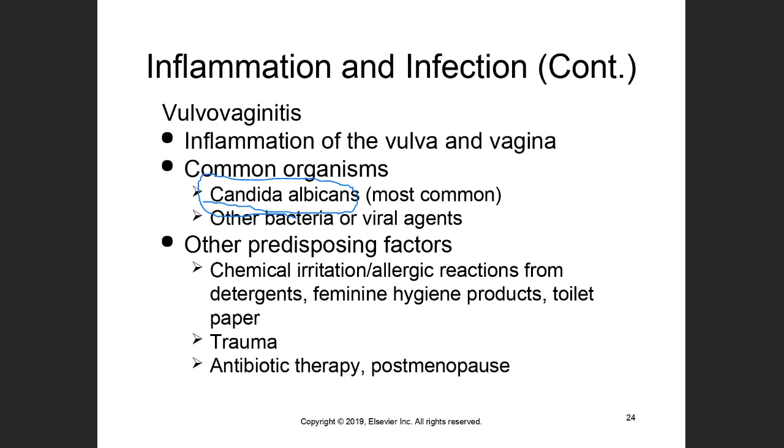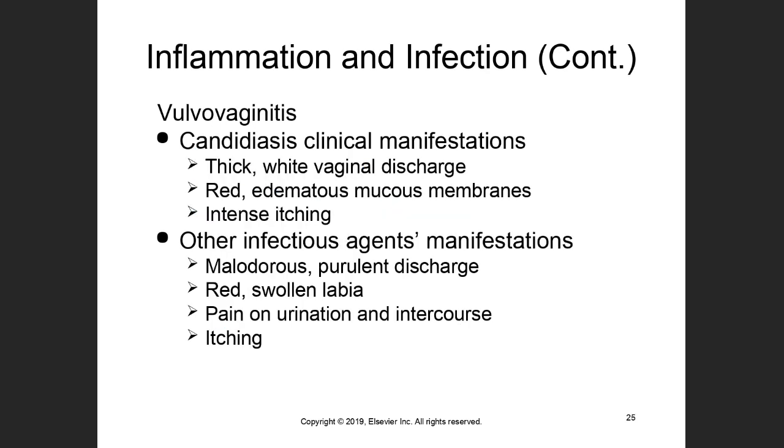Patients with diabetes are at risk of candida infection. Antibiotic, why? Because if you abuse the antibiotic, you kill the flora, and if you kill the flora, then you develop the infection.